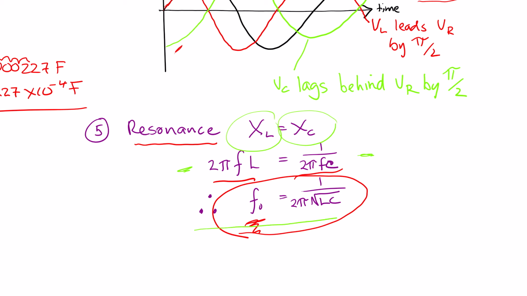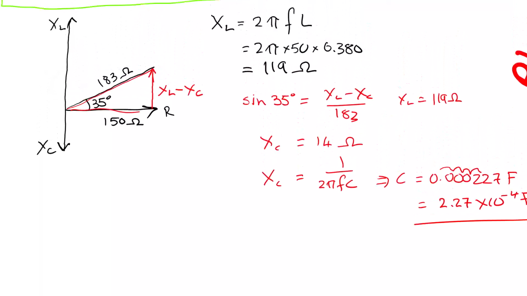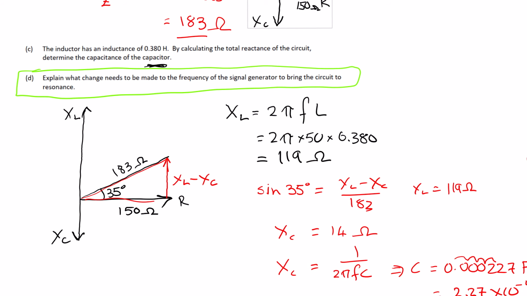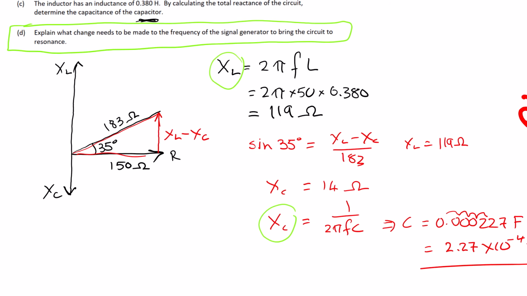Combining them gives us a formula for the resonance frequency, which we'll use in a moment. But in order to get resonance, XL and XC have to become equal.